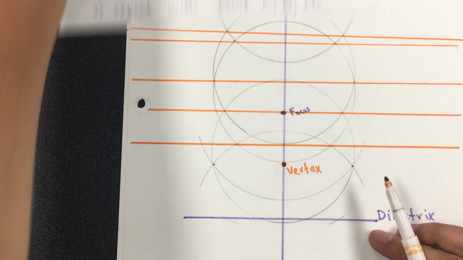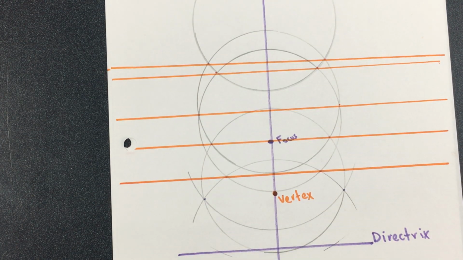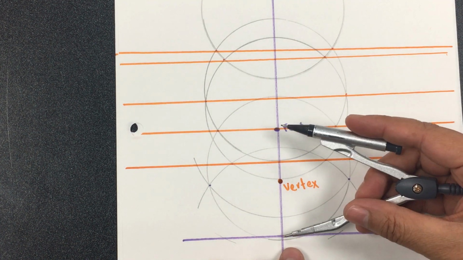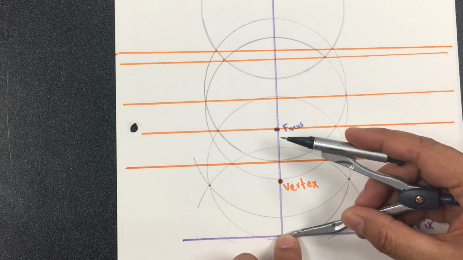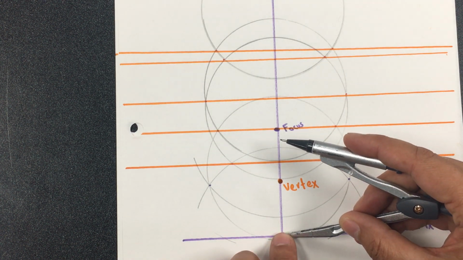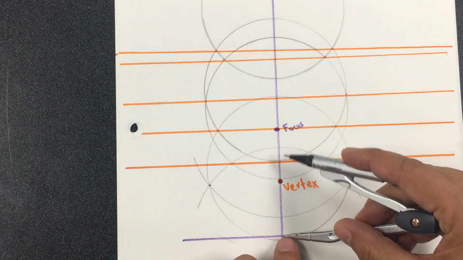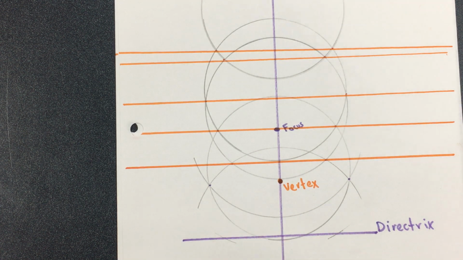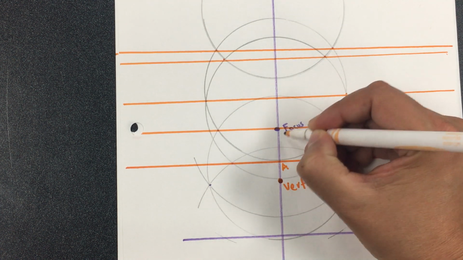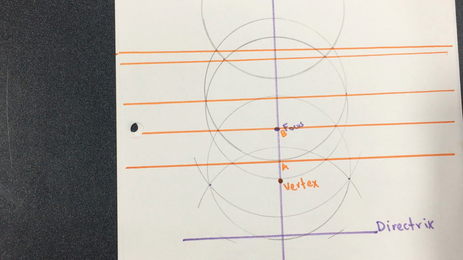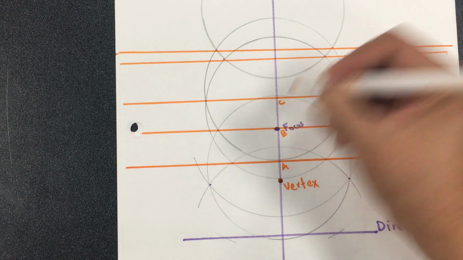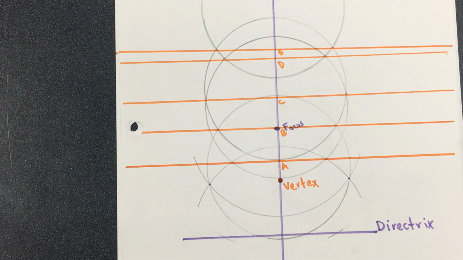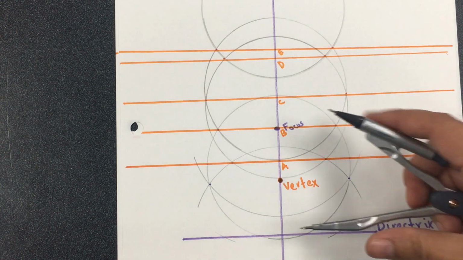So it sounds complicated, but it's not that complicated. Look at this. You open your compass and open it to line A. You can call these lines B, C, D, and E. And so I'm gonna measure it.